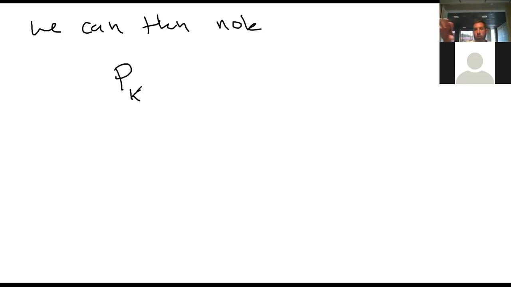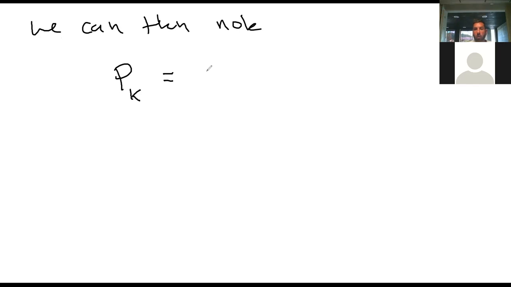So there's this thing called the mole fraction. P sub K. So let's take one of our partial pressures. What does it have to be equal to?